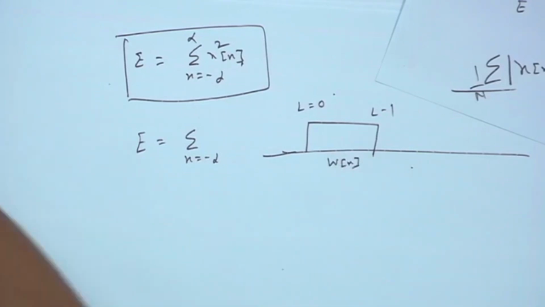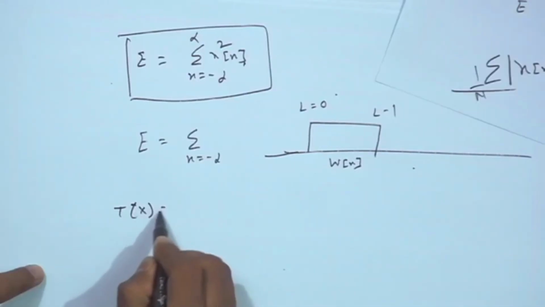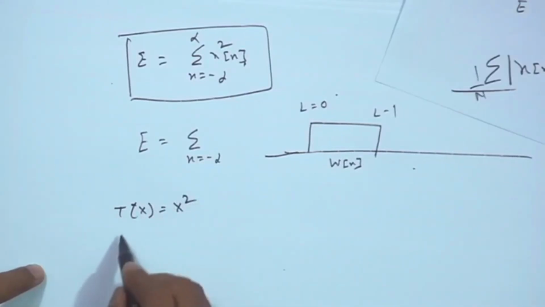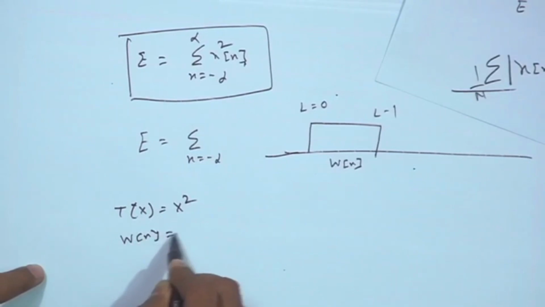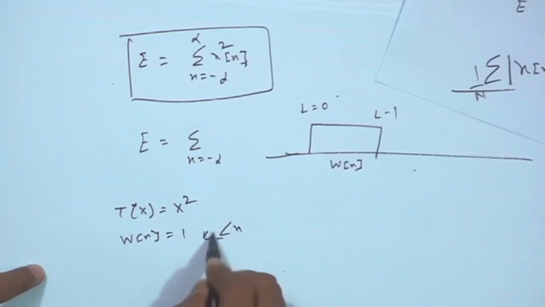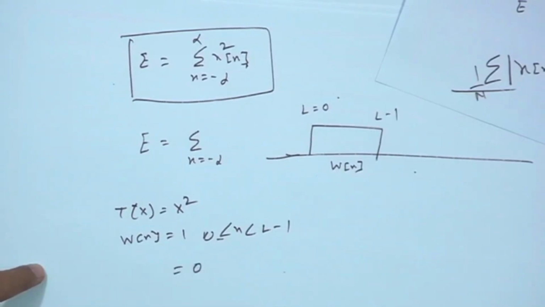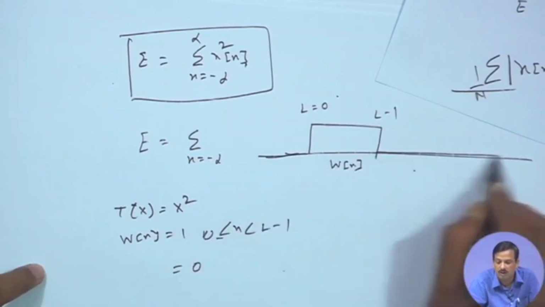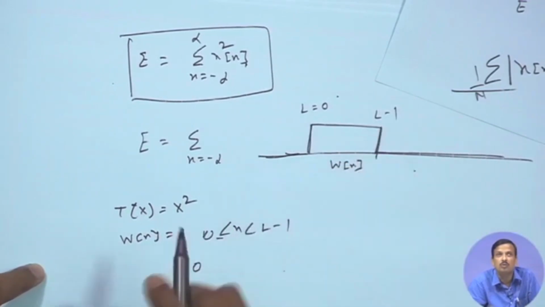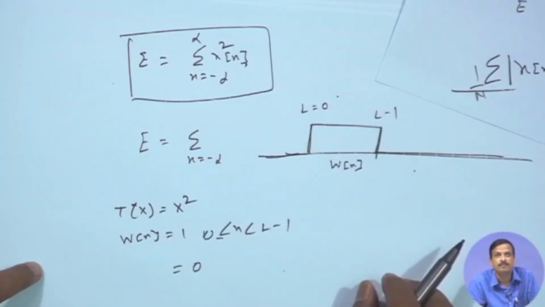So, I can say short time energy in the vicinity of n is the sum of x square times w of n, where w of n is equal to 1 if n is within 0 to L minus 1, else it is 0. So, I cut a window from the long signal and take the energy.